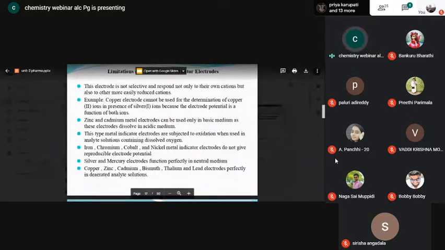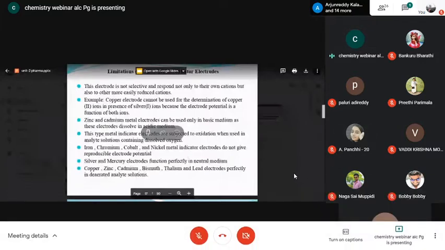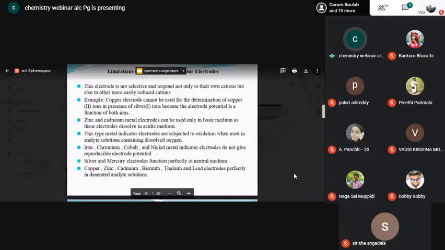That means whatever potential you expect, you are not going to get. So this is the problem associated with the pure copper rod when it functions as the indicator electrode, because of ions present in the solution as impurity.